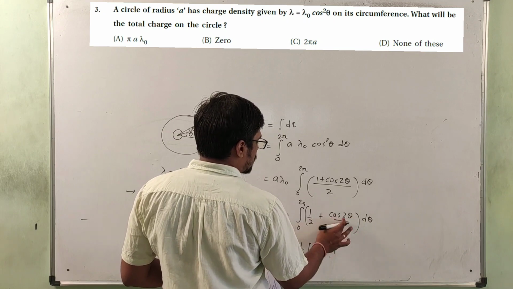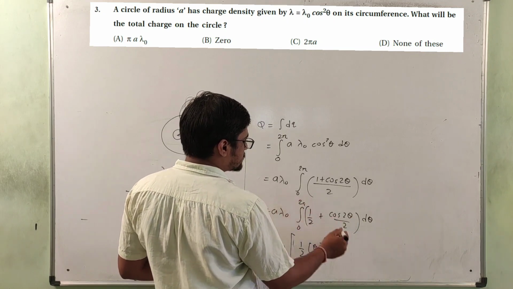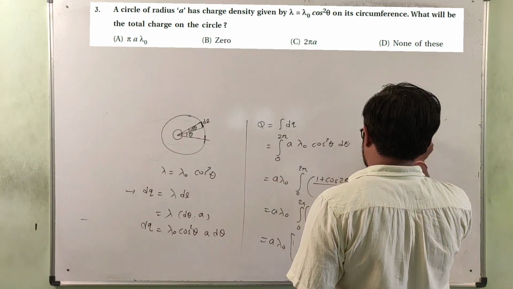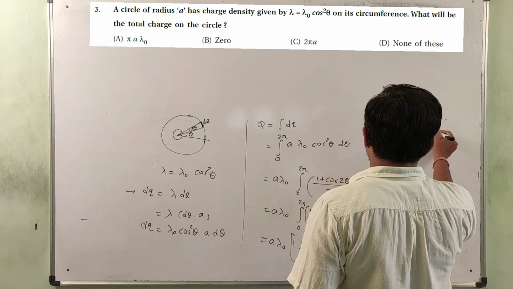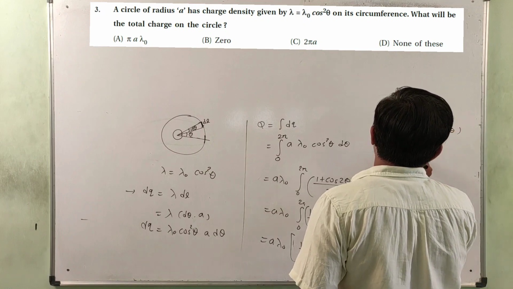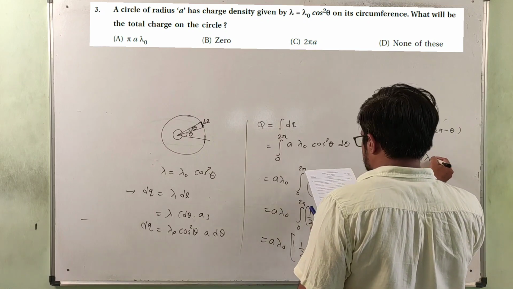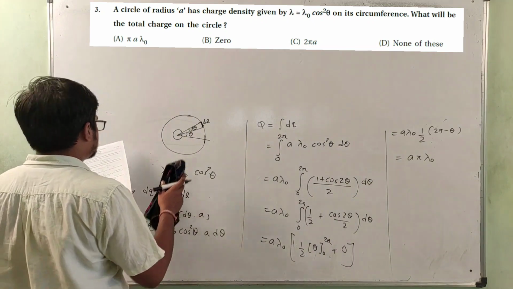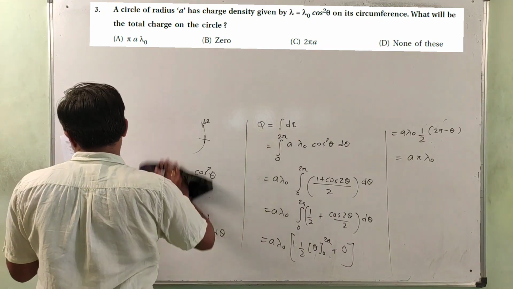And the integration of cos 2 theta over a full cycle is always 0. So the answer is a lambda 0 times 1 by 2 times (2 pi minus 0). So the 2 cancels. Pi a lambda 0 is the total charge on the circle. Pi a lambda 0, option A, is the answer.